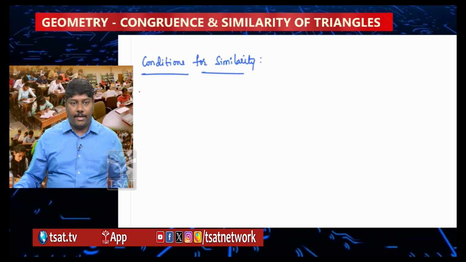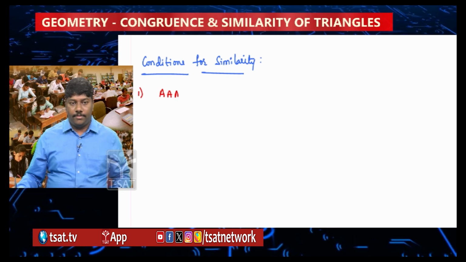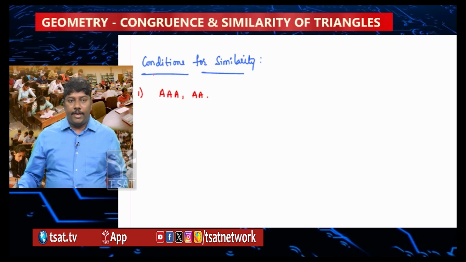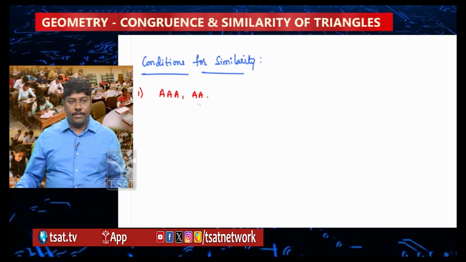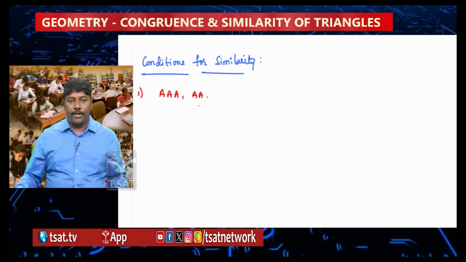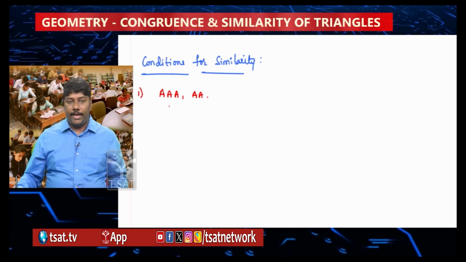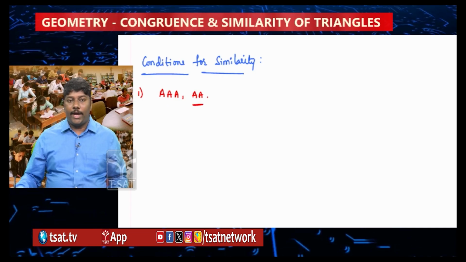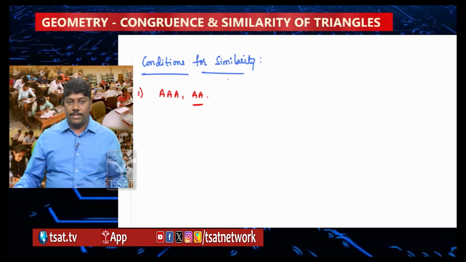Conditions for similarity. The first condition is angle, angle, angle, or else two angles. All the 3 angles of the first triangle should be equal to all the 3 angles of the second one. Or else at least 2 angles of the first triangle are equal to 2 angles of the other triangle.